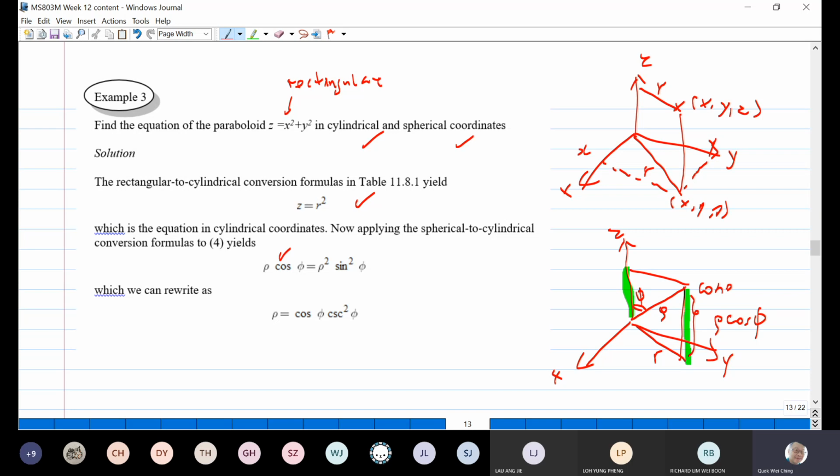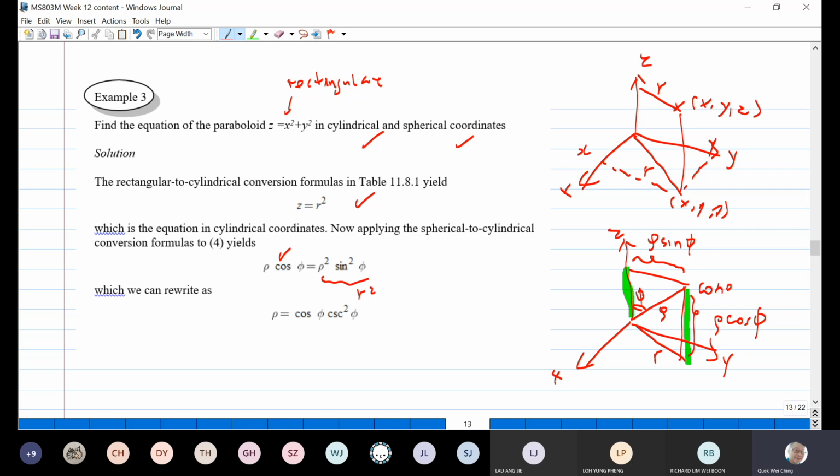Then the right hand side is r squared, x squared plus y squared. But r, this length here, is actually rho sine phi, the same as r here. So r squared is rho squared sine squared phi.